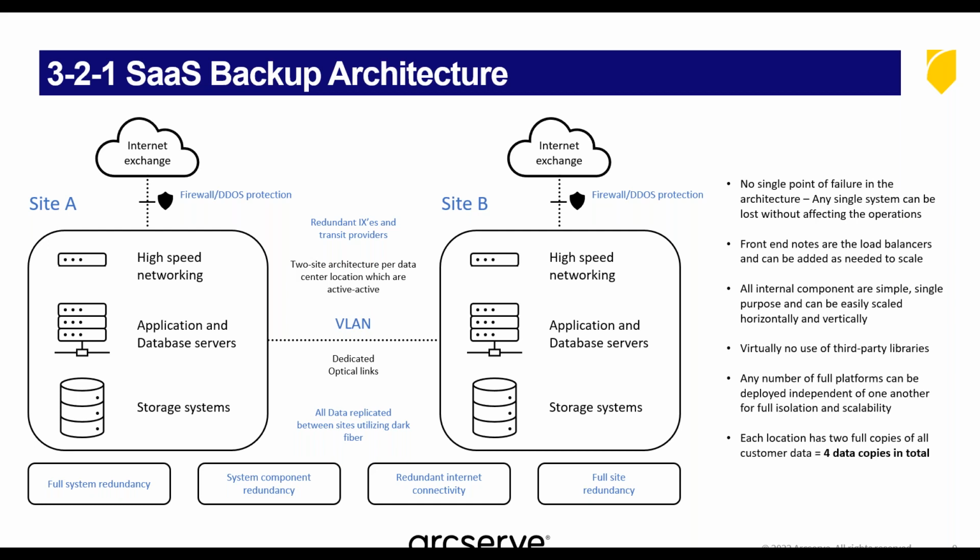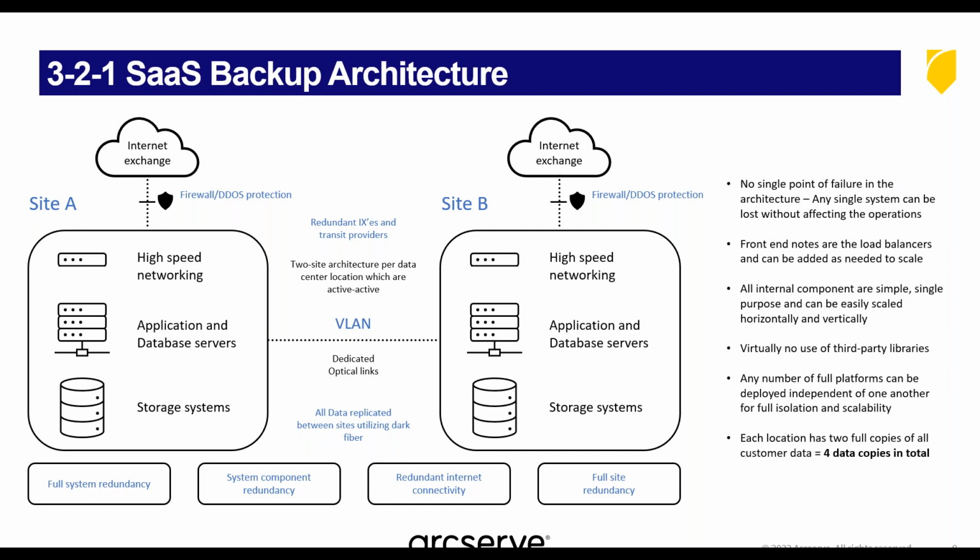Last but not least, as mentioned, data is the most important. Each location has 2 copies of the customer data. So rest assured that our user will have 4 copies of the data in total, because we have 2 active sites. This really gives you the assurance that there's always at least a healthy copy of the data, even if there's a hard disk failure or something that you can't control.